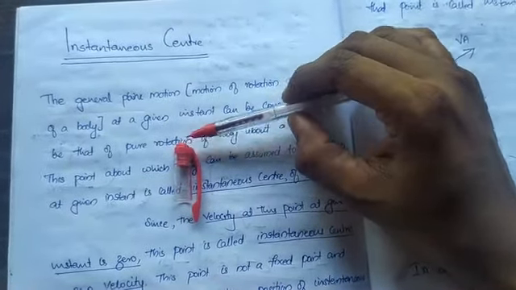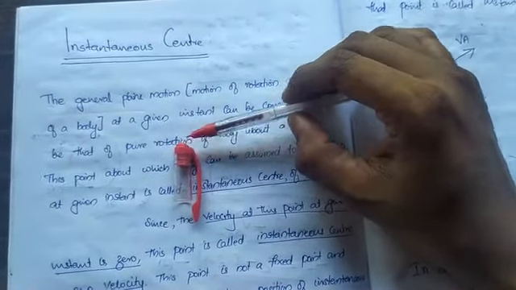This point is not a fixed point, and when the body changes its position, the instantaneous center also changes. As soon as the body changes its position, if here you have a velocity along this direction, and here along this direction, and you change this, that center may be shifted.